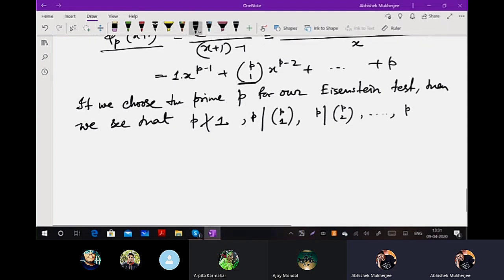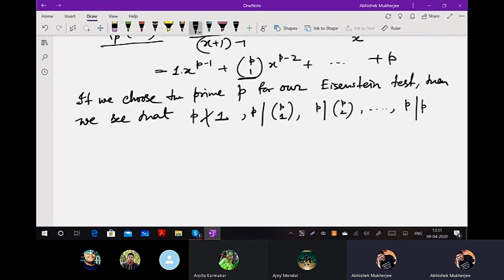It will divide p. But p square will not divide the constant coefficient p.